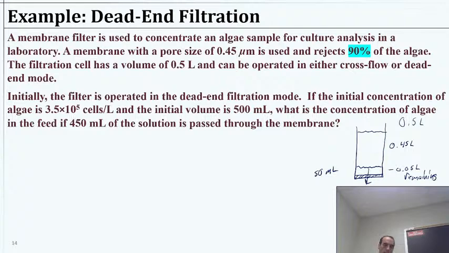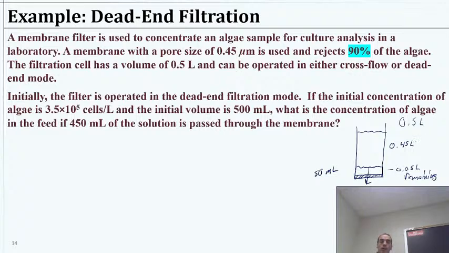Now, if we had 100% rejection here, this would actually be quite simple, because if all the algae were removed, then we could just take this ½ liter and notice that we concentrated it by a factor of 10. We went from 0.5 to 0.05.